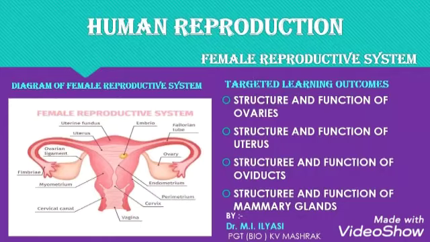Hymen is the membrane that partially covers the opening of the vagina. It is often torn during first intercourse or coitus.